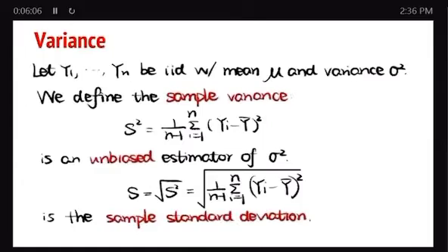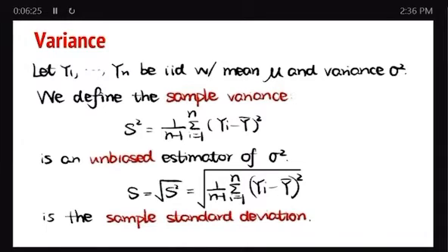Now, I want to start with the variance. The other time I told you we're looking for a population parameter. At times, the population parameter could be the mean, the variance, or the standard deviation, and so on.